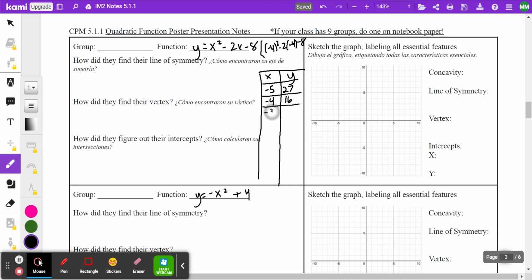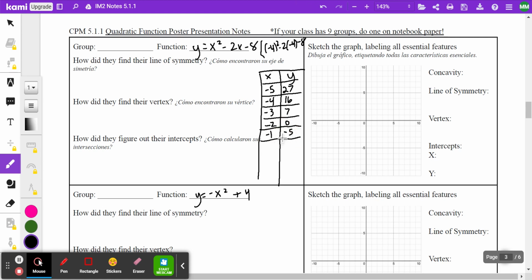X is -3 gives us y is 7. X is -2 gives y is 0. X is -1 gives y is -5.